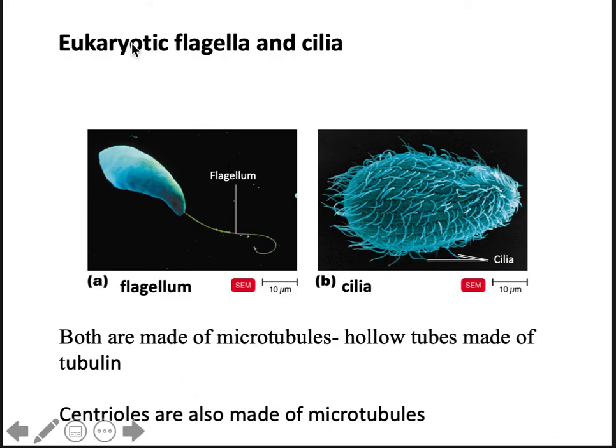And then some eukaryotes also have cilia, and you might be familiar with cilia because your lower respiratory system is lined with cells that have cilia, and the function of that is to propel mucus up and out of your lungs so that you swallow it constantly. And this is how you clean your lungs, right? There's all sorts of junk in the air.